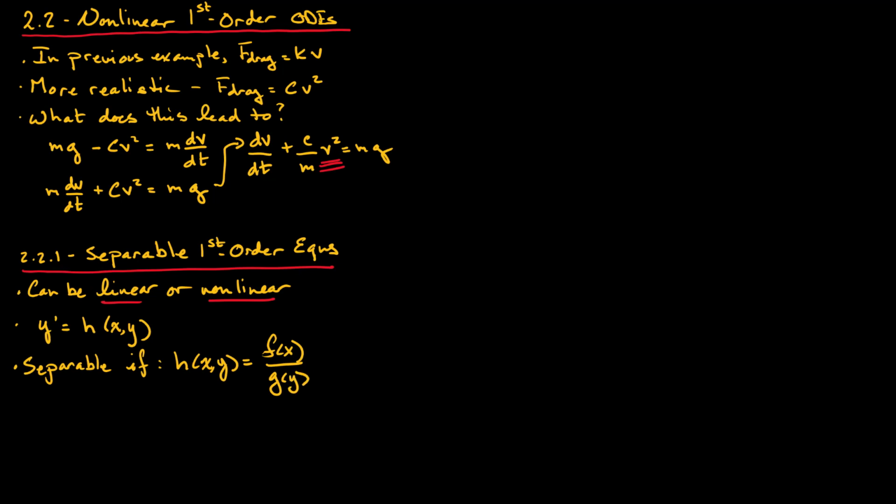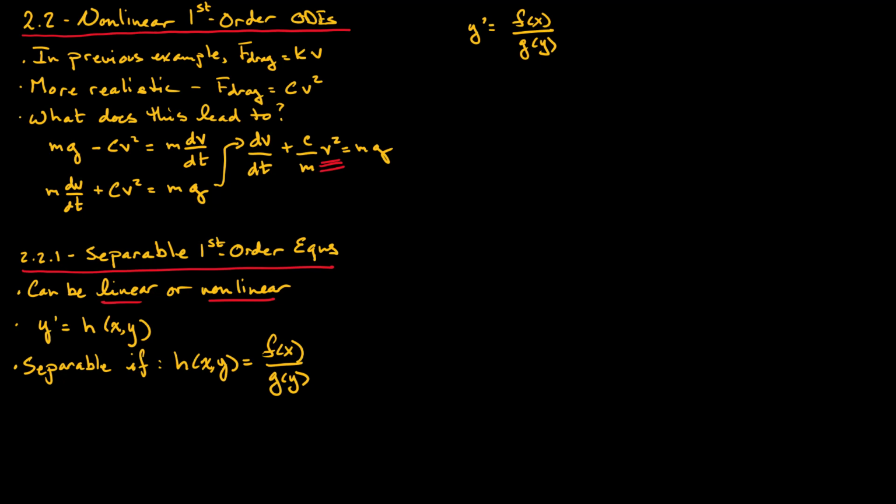Now don't take this too literally. All we are saying here is that we can separate the right-hand side as two distinct functions, one that groups only the x terms and the other that groups the y terms. This allows us to write our ODE as y prime is equal to f of x over g of y, which allows us to separate the x and y terms on either side of the equation.